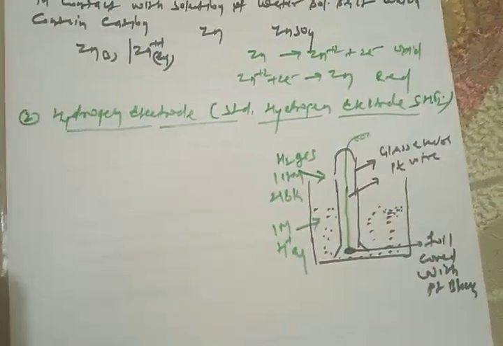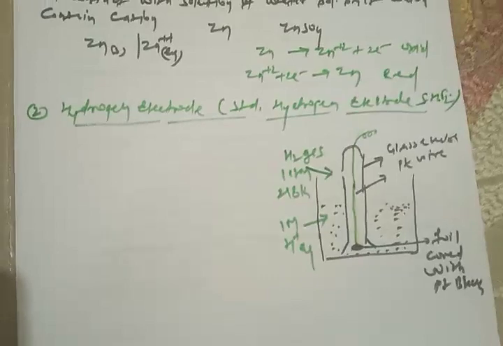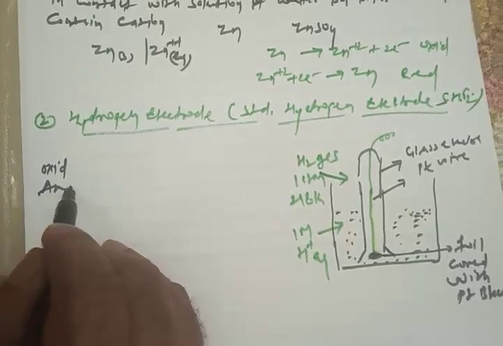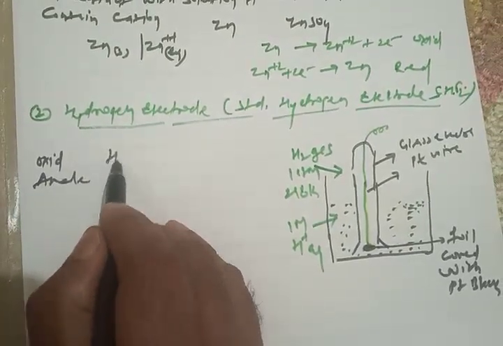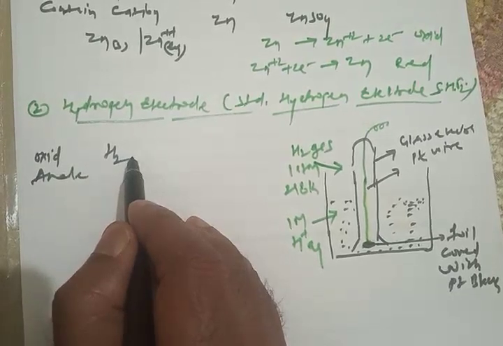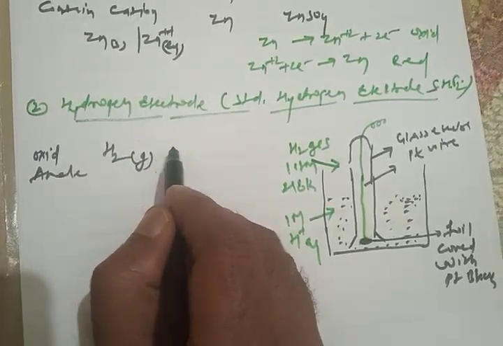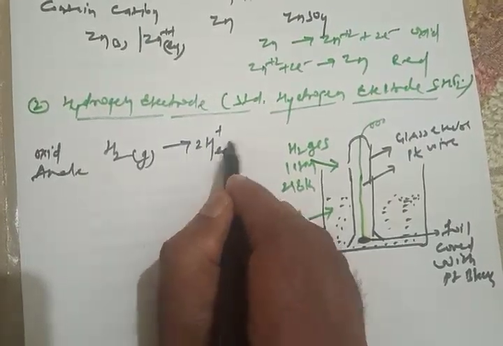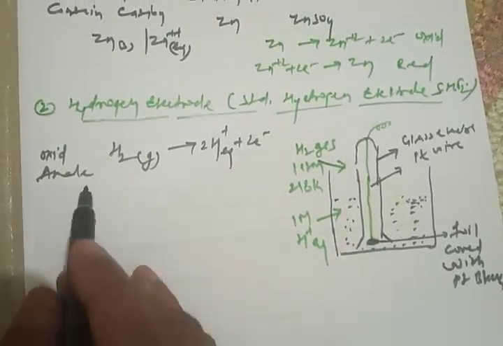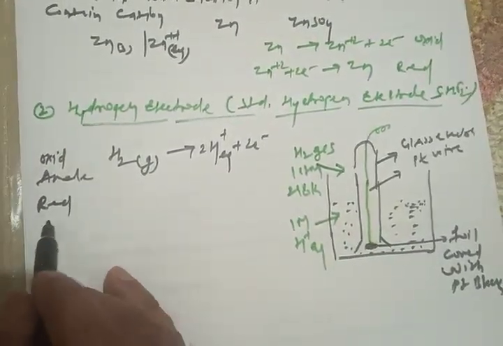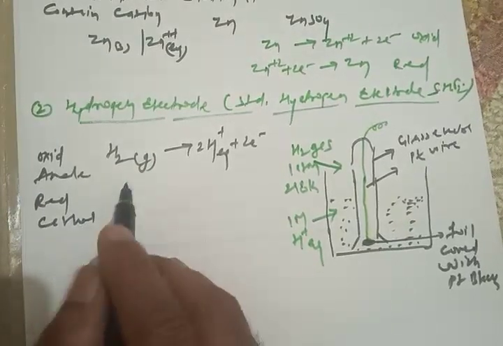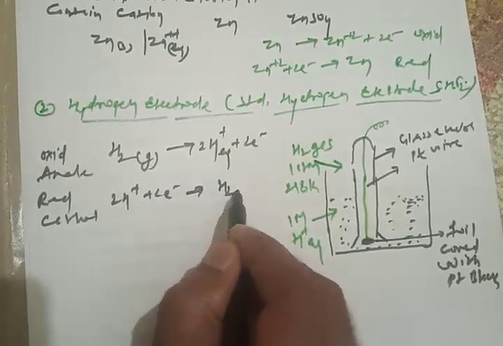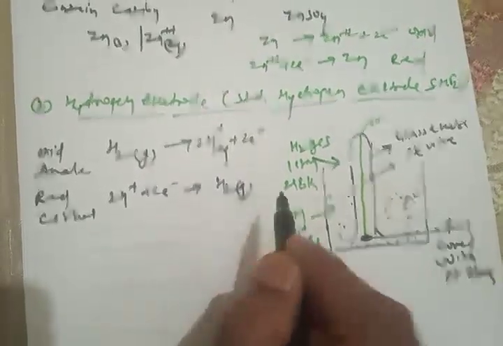The cell reactions, how will the cell reaction proceed? The oxidation at the anode: hydrogen gas is converted to H+ aqueous with release of 2 electrons, and reduction at the cathode: 2H+ with 2 electrons will convert again into H2 gas.